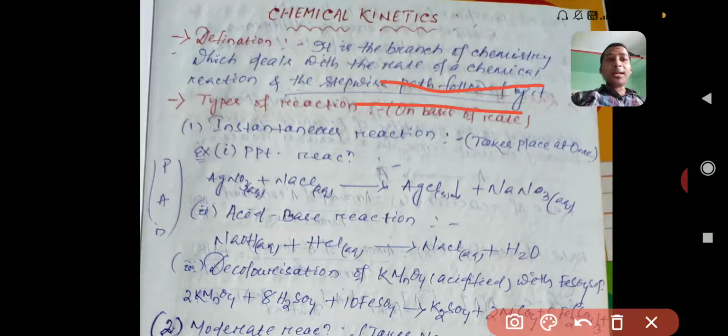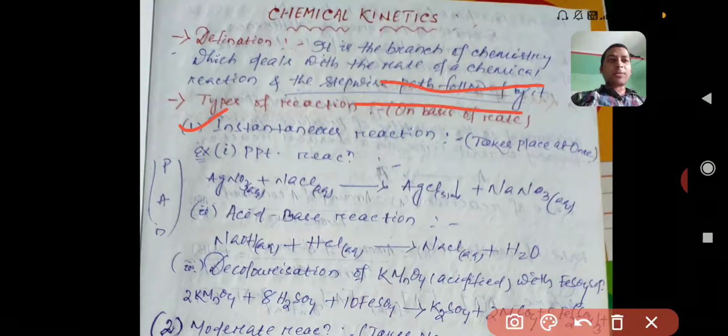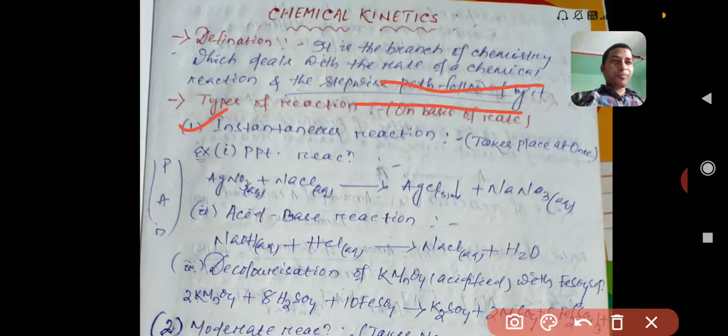On the basis of rate, the reactions are of three types: instantaneous reaction, moderate reaction and slow reaction. Instantaneous reactions occur at an instant of time, meaning very fast reactions.